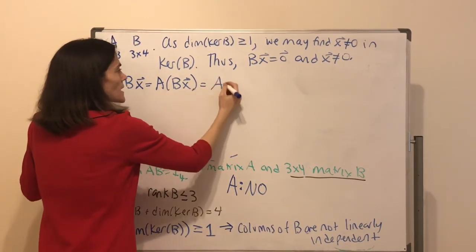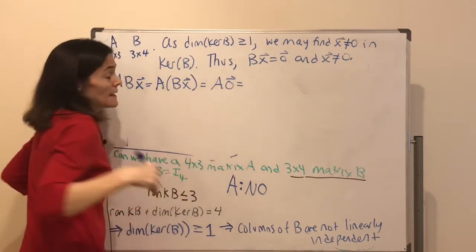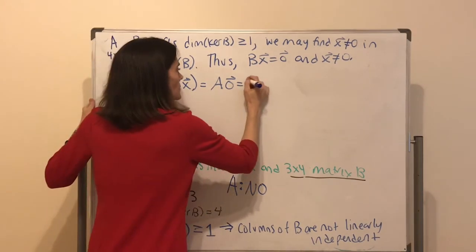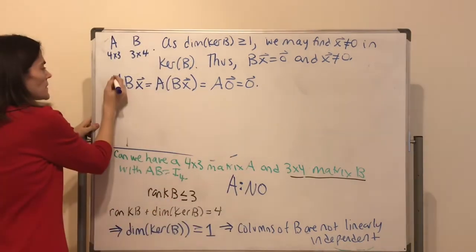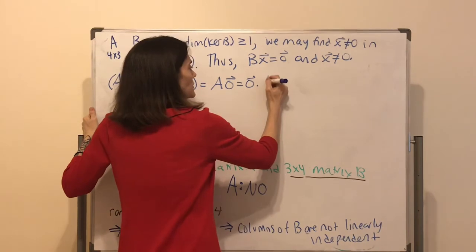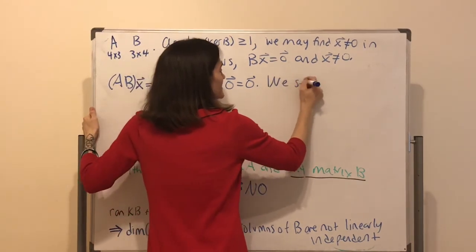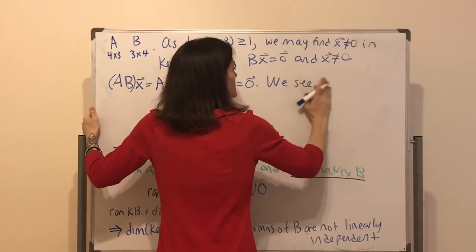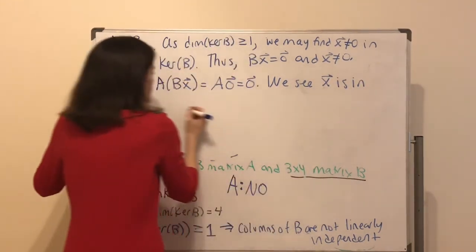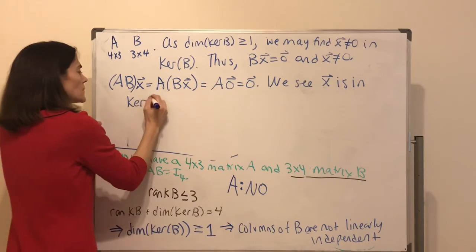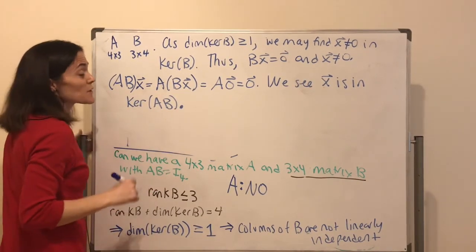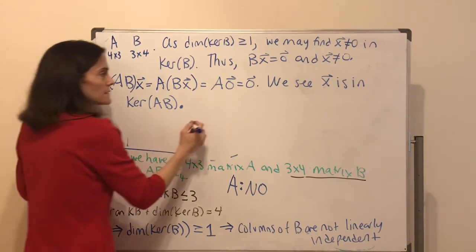And this A, Bx is 0. Any matrix times 0 gives you 0. This is 0. Well, this, if I want to put parentheses, would be like this. So what we see is that x is in the kernel of A times B.